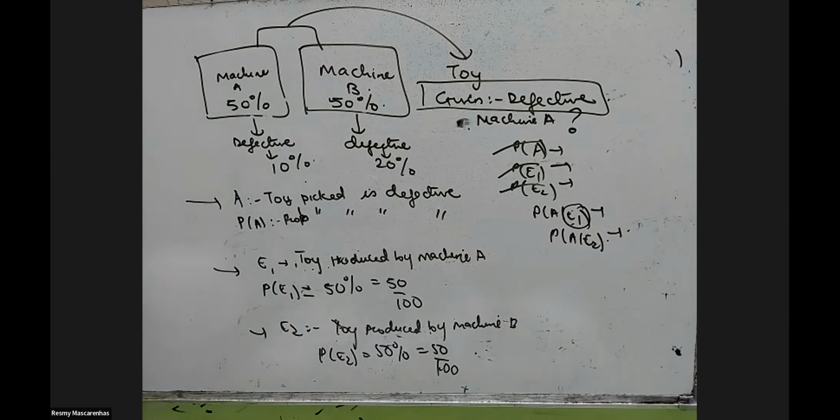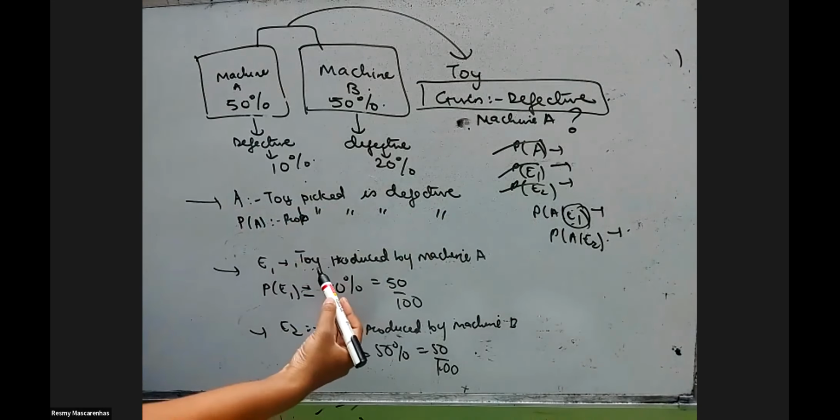Given E1 means given that the toy is produced by machine A, what is the probability that the toy picked is defective? How will you read this? E1 means given.